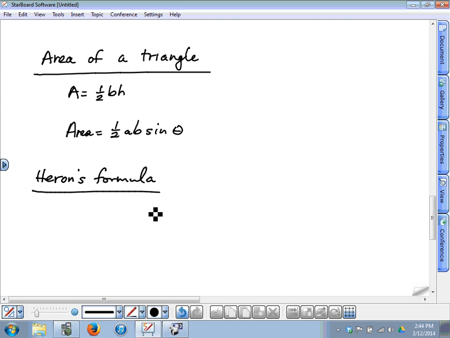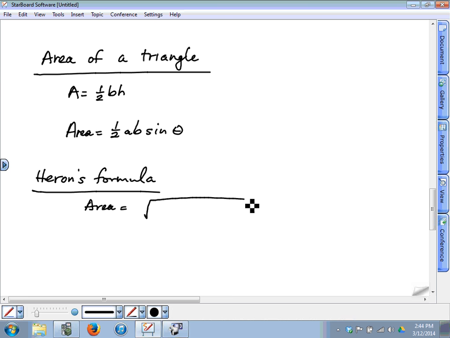Formula for the area of a triangle. Area is equal to the square root of S times S minus A times S minus B times S minus C, where S is equal to the sum of the sides divided by 2.